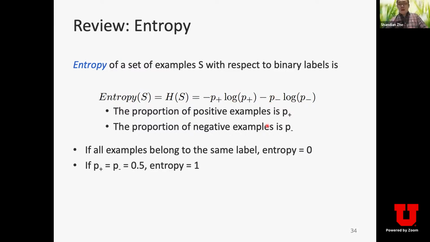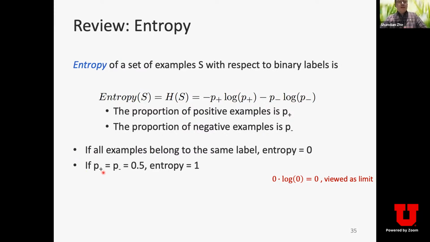In information theory, people define 0 log 0 as 0. You can view this as a limit: x log x as x approaches 0. It is straightforward to show that this limit is 0. By getting around this ill-defined issue, we can conclude that if all the examples belong to the same label, the entropy is simply 0.